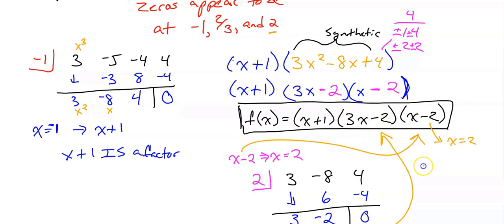And then 3x minus 2 becomes 3x equals 2, x equals 2/3, and that was our other potential factor. So we have proven that all three of our potential factors are in fact factors of f of x equals 3x cubed minus 5x squared minus 4x plus 4.